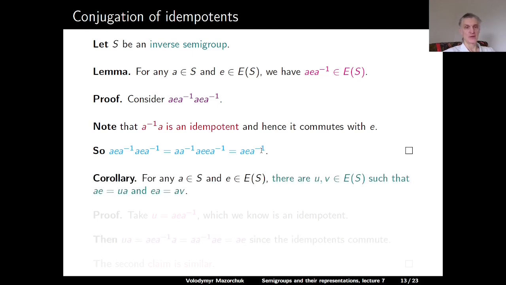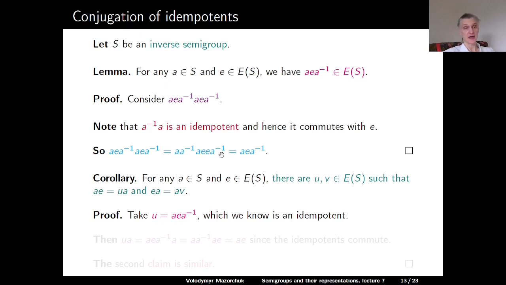Corollary: for any A in S and any E an idempotent in S, there are U and V idempotents in S such that AE is equal to UA and EA is equal to AV. So we can always pass idempotents through elements, but sometimes we need to change idempotents. Proof: define U as A times E times A inverse.